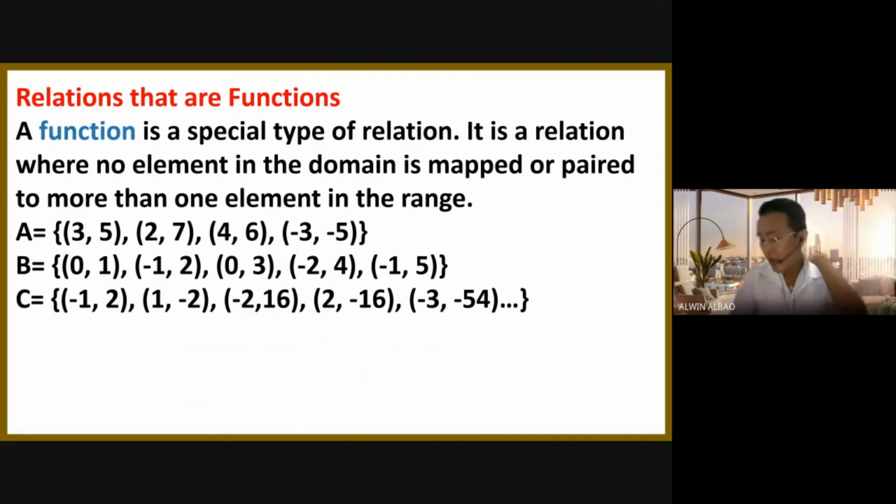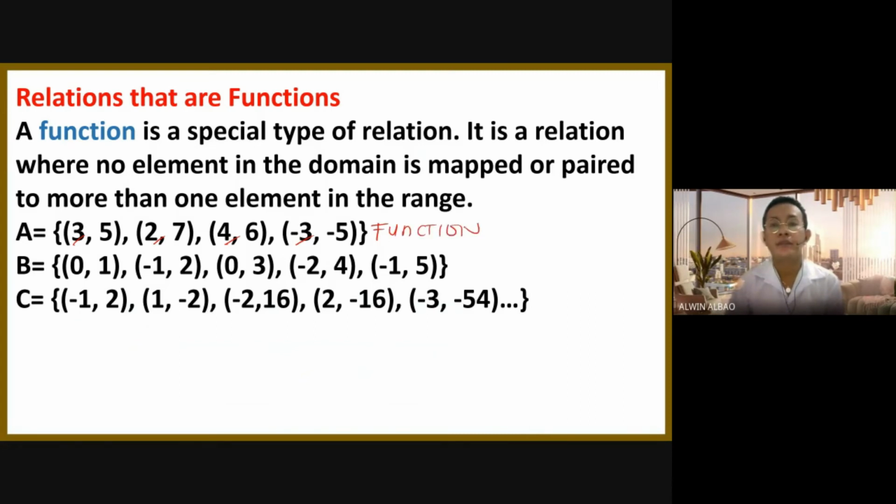So identify natin kung ito ba ay function or not function. So titingin lang tayo sa domain natin. Para hindi tayo malito, yung domain lang ang i-observe natin para makita kung meron siyang repeated values or wala. Okay, so domain natin is 3, 2, 4, and negative 3. So as we observe, wala tayong nakitang repeated value. So therefore, this set is a function.